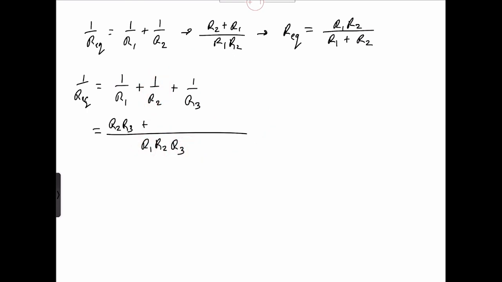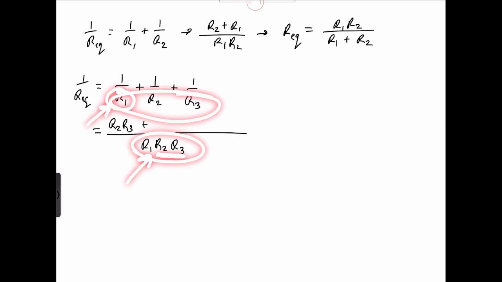But never mind that idea. The only thing we're doing is, once we find the common denominator, to make this 1 over R1 into the common denominator, we multiply it by R2 R3 over R2 R3, so we have to multiply the top as well.